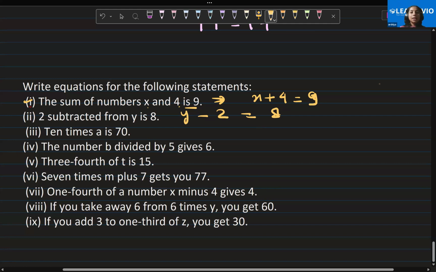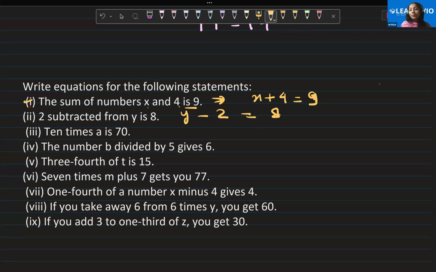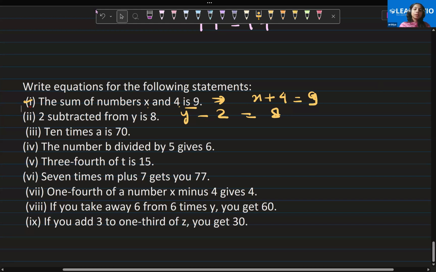Write the first two statements and the equation, then I'll give you some more questions. Only the first two with the answer, then I'll give you specific questions, okay?